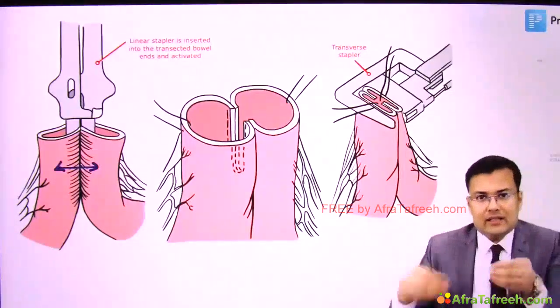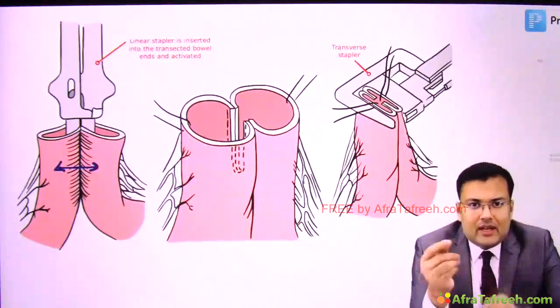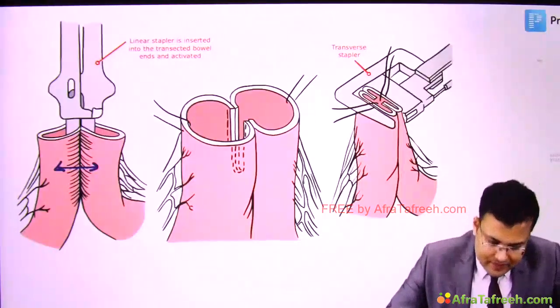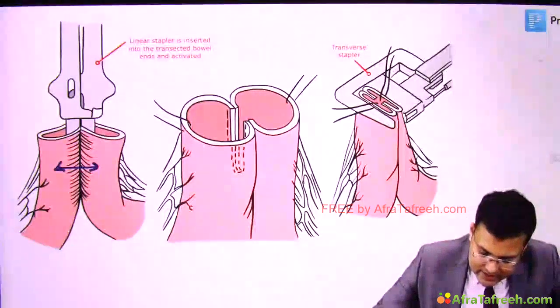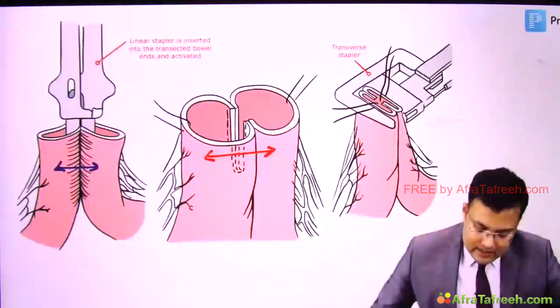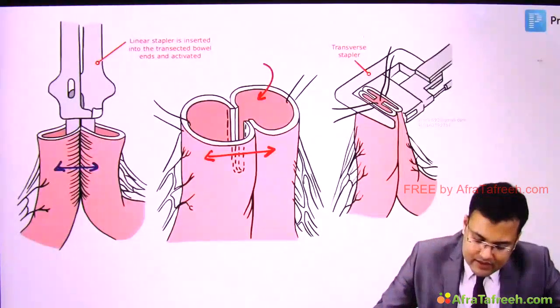When I fire the stapler, there is communication, and it creates a side-to-side anastomosis. Still, these ends are open, and they are closed with the help of a transverse stapler.